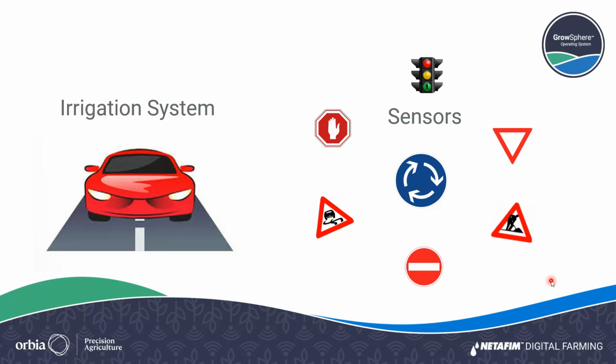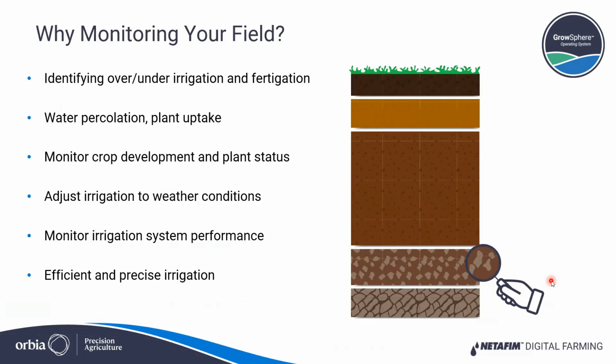Now let's focus on the field. By using soil sensors, I can track my irrigation and make sure it is sufficient to wet all the soil profile as expected. I can follow my plant's behavior, see when it extracts most of the water, and schedule my next irrigation accordingly. Plant sensors will indicate the plant status.